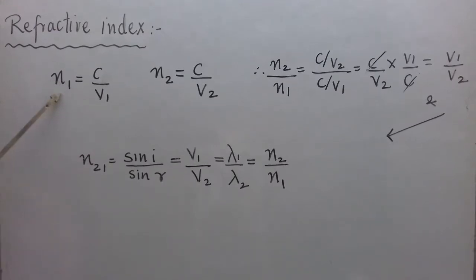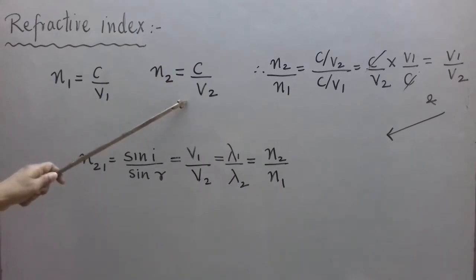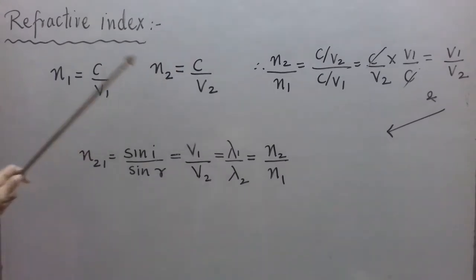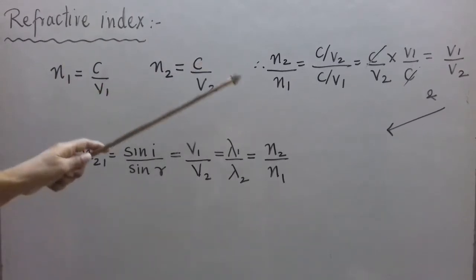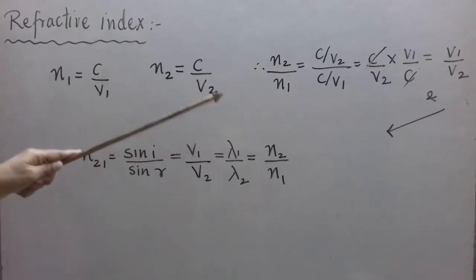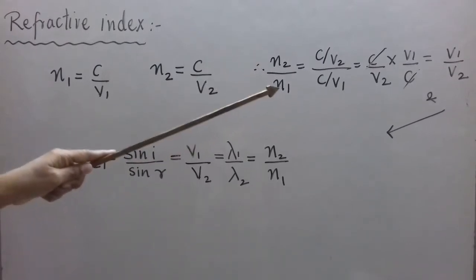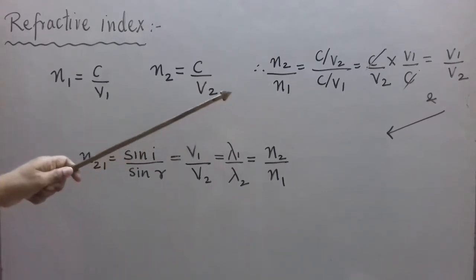In a similar manner, the refractive index of medium 2 can be written as c upon v2. And if I divide n2 by n1 and put these expressions there, c gets cancelled after I simplify it, and finally n2 upon n1 becomes v1 upon v2.